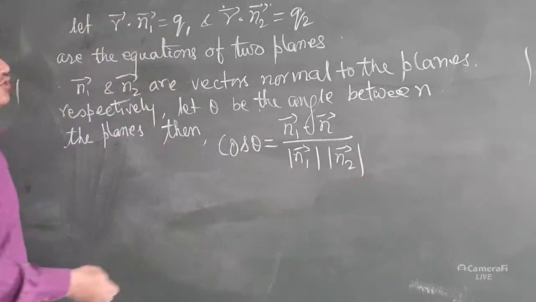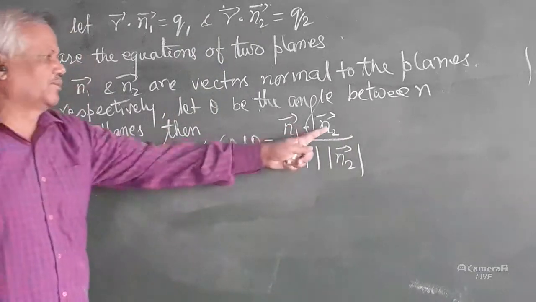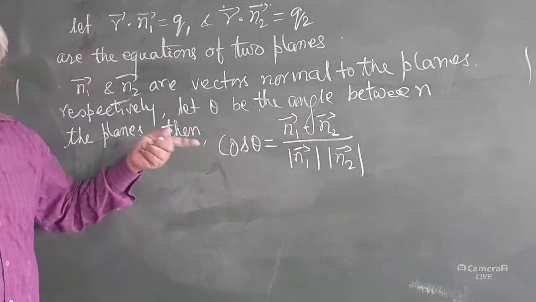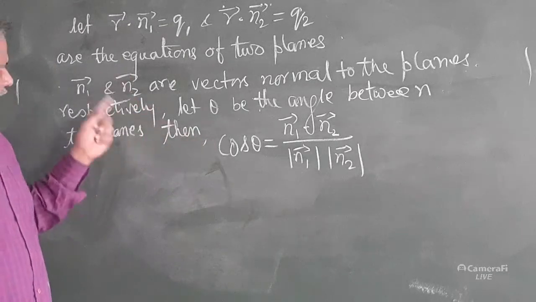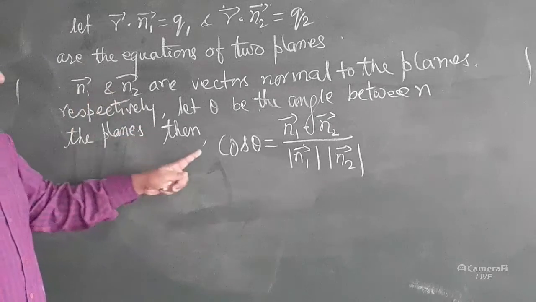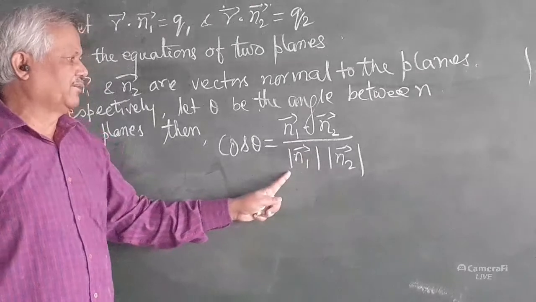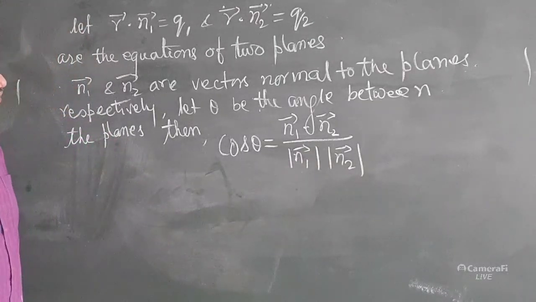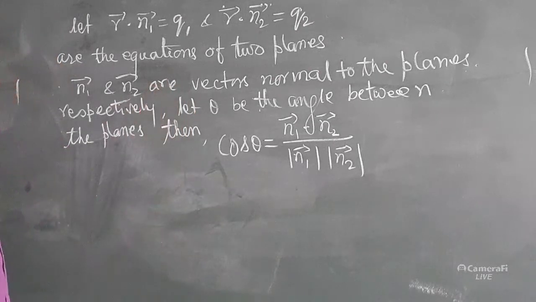That is the angle between two vectors: the angle between vectors a and b is a dot b by mod a mod b. Here theta is the angle between the planes, that is, the angle between their normals n1 and n2. So with the help of this formula, cos theta equals n1 dot n2 by mod n1 mod n2, we can get the angle between two planes.